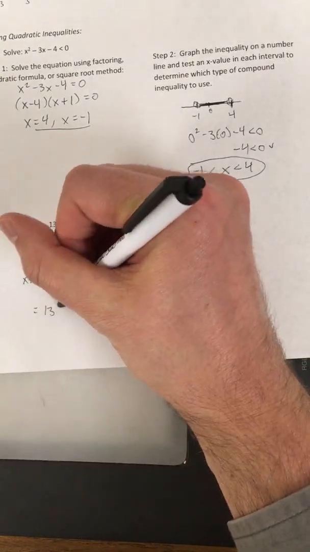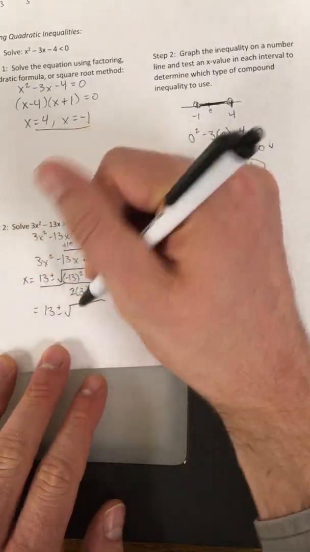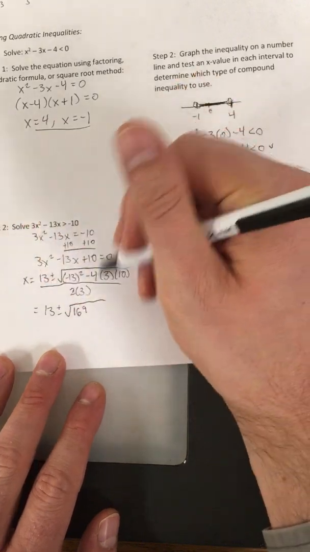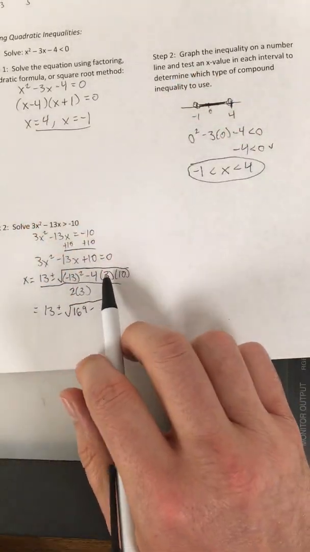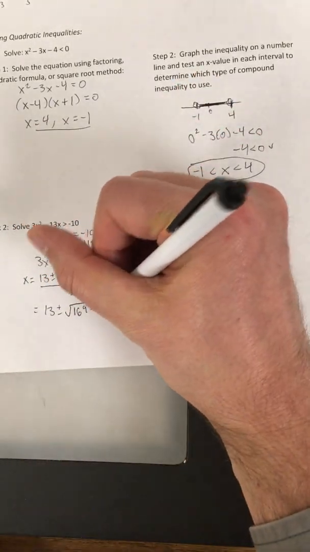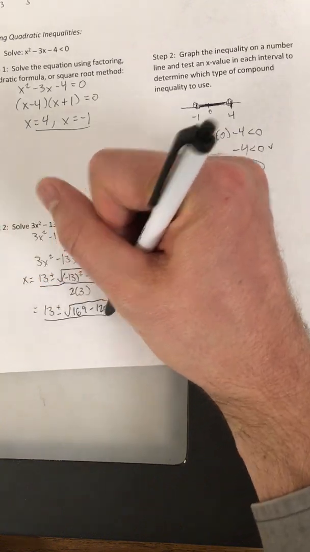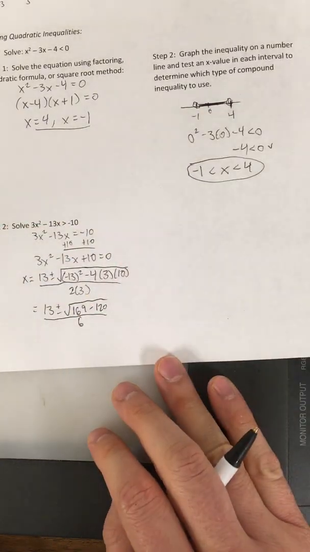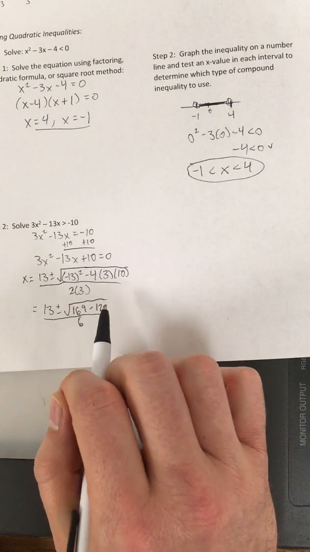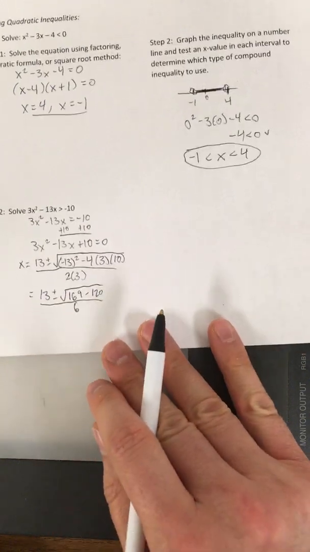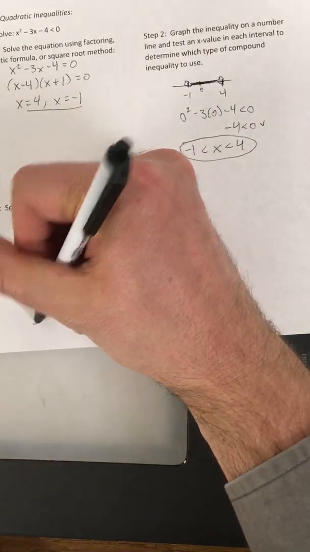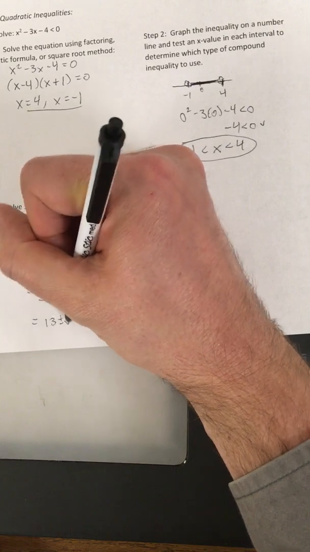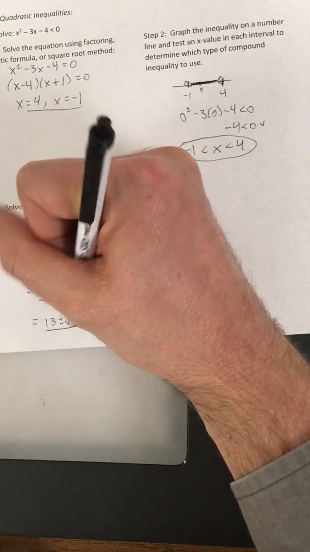So x equals 13 plus or minus the square root of 169 minus 4 times 3 is 12, times 10 is 120, all over 2 times 3, which is 6. Now 169 minus 120 gives me 49. So I'm getting x equals 13 plus or minus the square root of 49, all over 6.